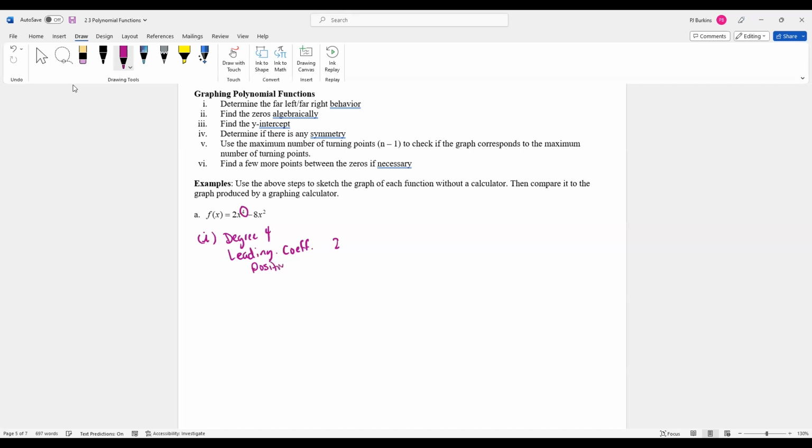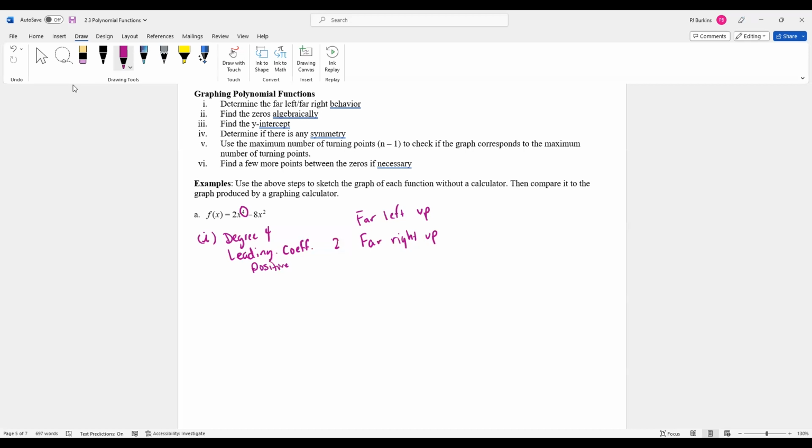If my leading coefficient is positive and I have an even powered polynomial, then the far left is up and so is the far right. Okay, so the end behavior is that it points up on both sides.